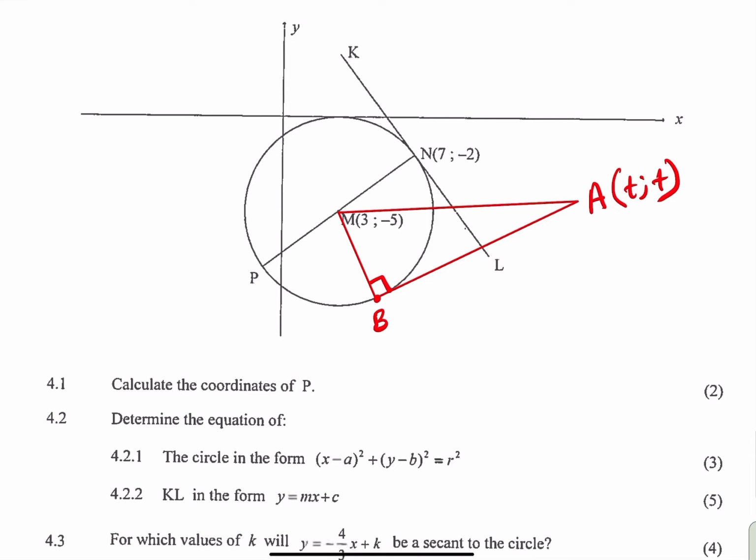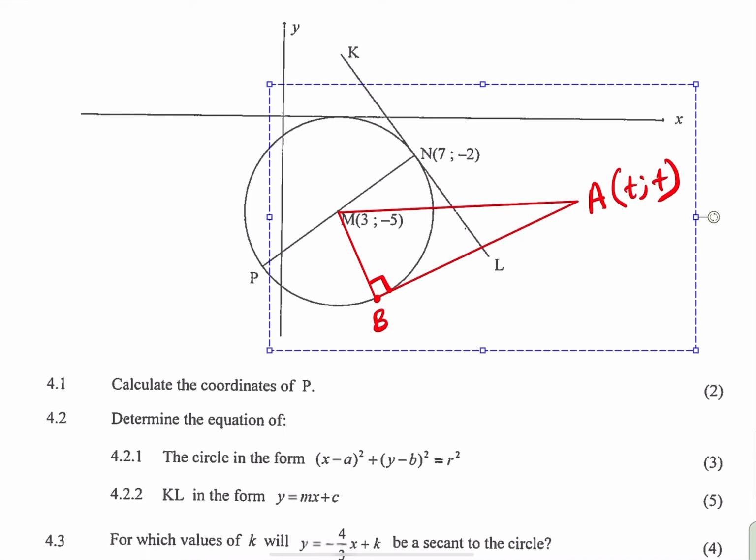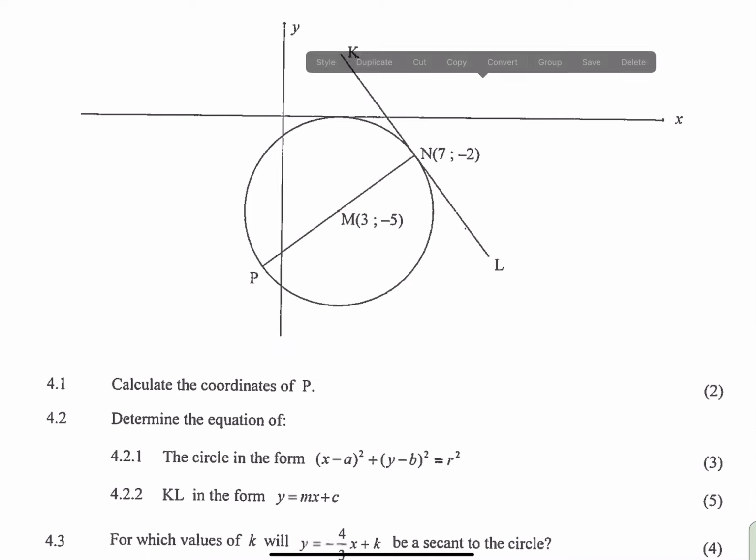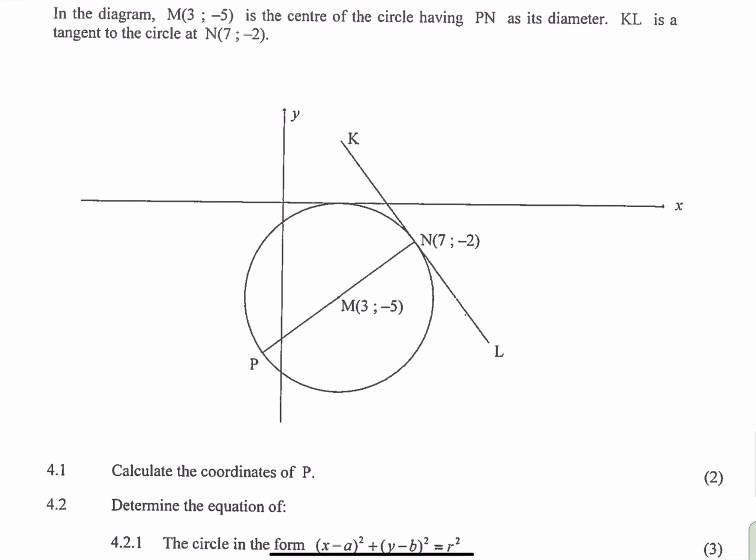Let me draw it for you. Let's have a point A somewhere there, and then a point B here. I'm going to make it a tangent like that. And then I have a radius there, so this is going to be perpendicular to each other.